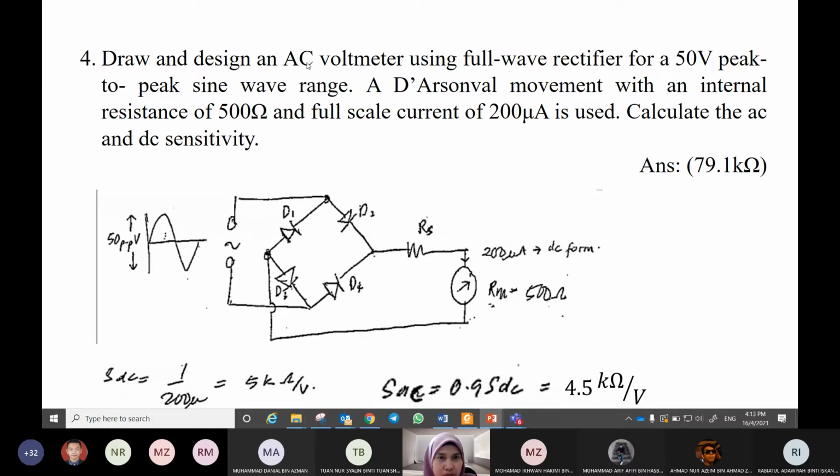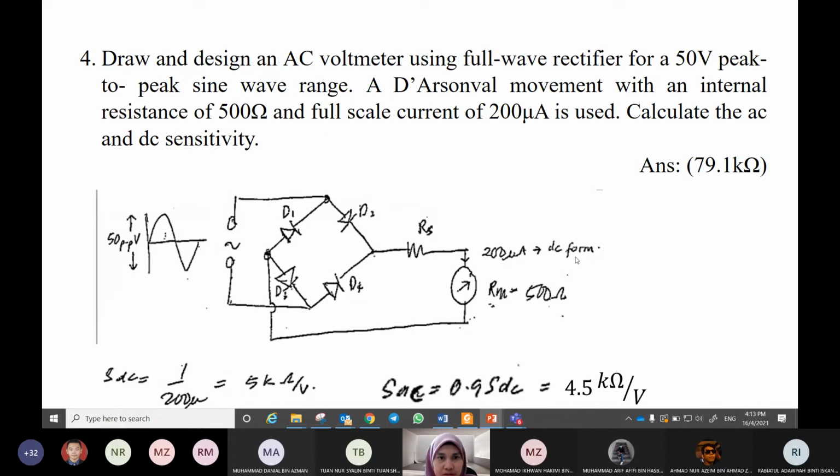We know that to create AC voltmeter from the ammeter, we should add rectifier. So for full wave rectifier, we should have 4 diodes here. Okay, so 50 V peak to peak is the sine wave signal.